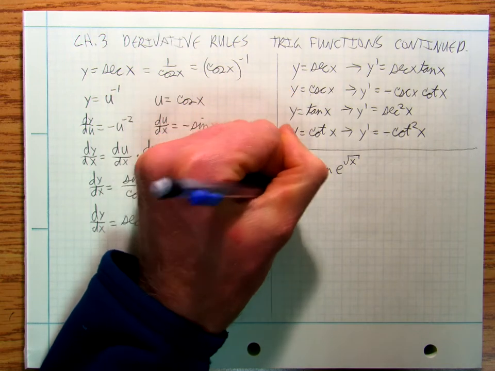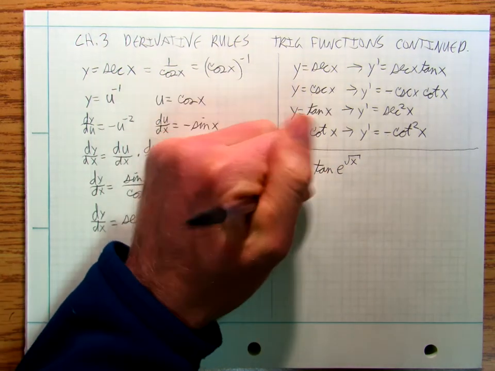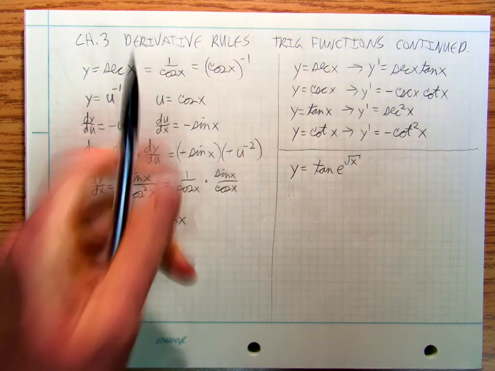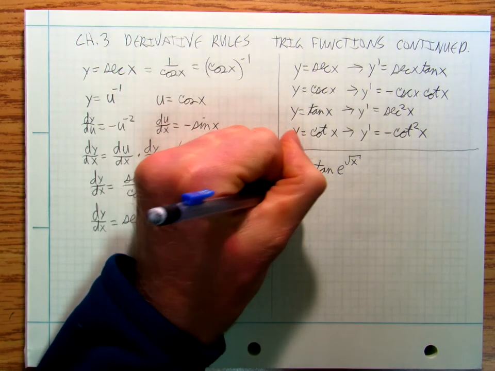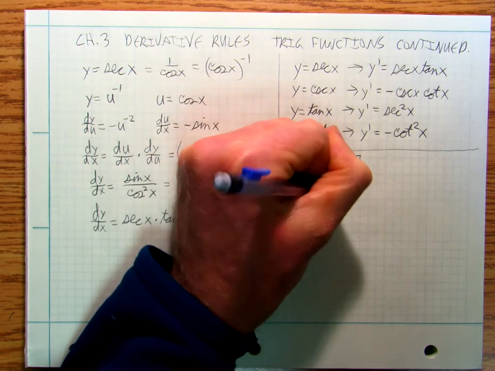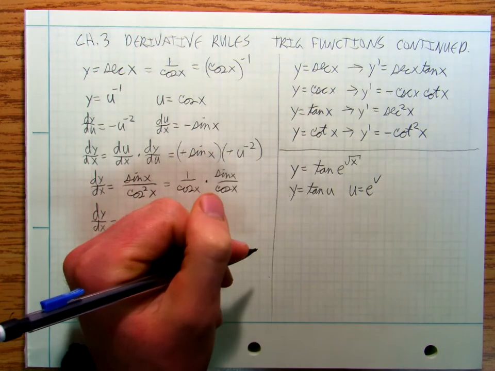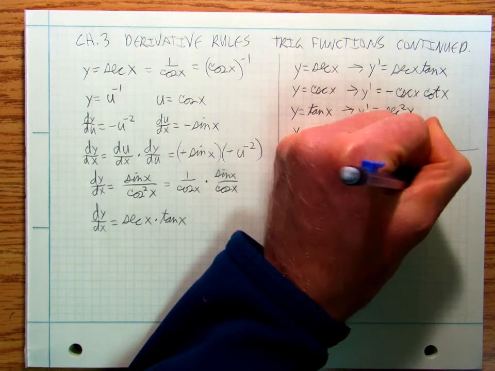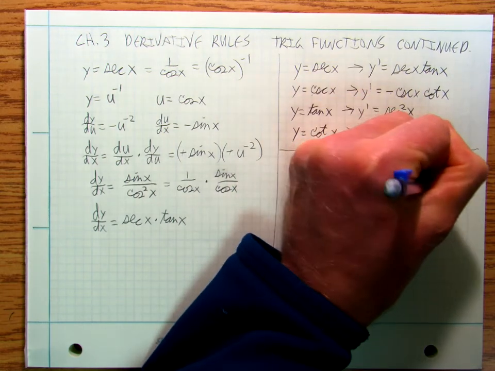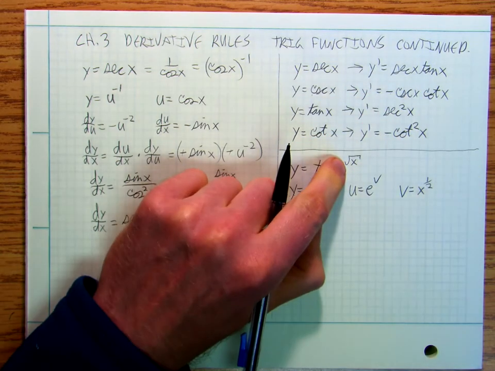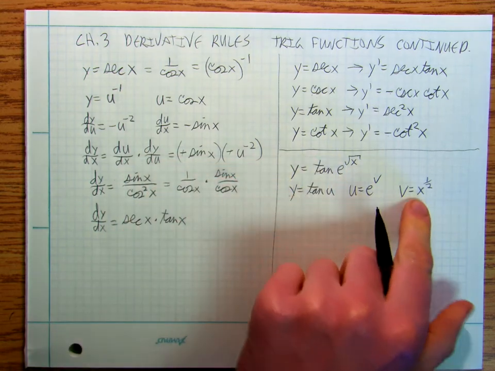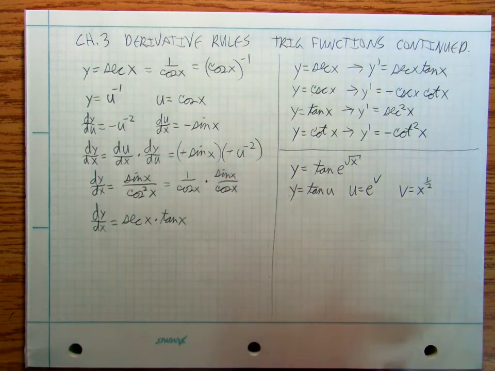We're going to say y equals tangent of u, u equals e to the v, and v equals x to the 1/2, because I really don't like that radical sign. I prefer to write it in exponential notation.